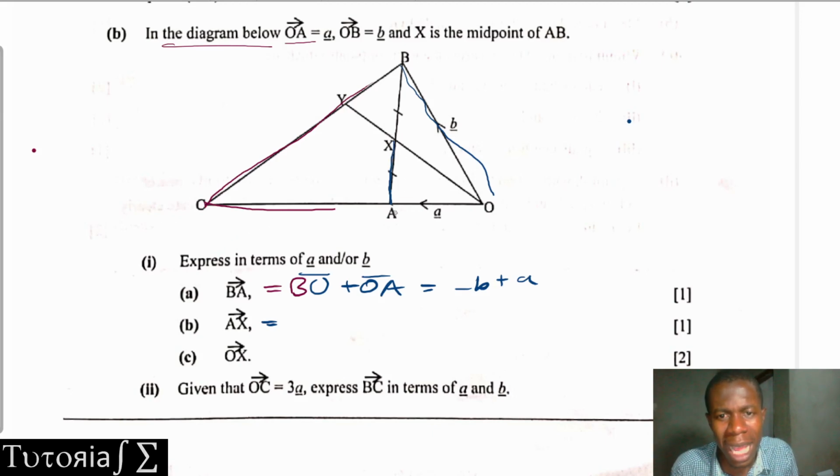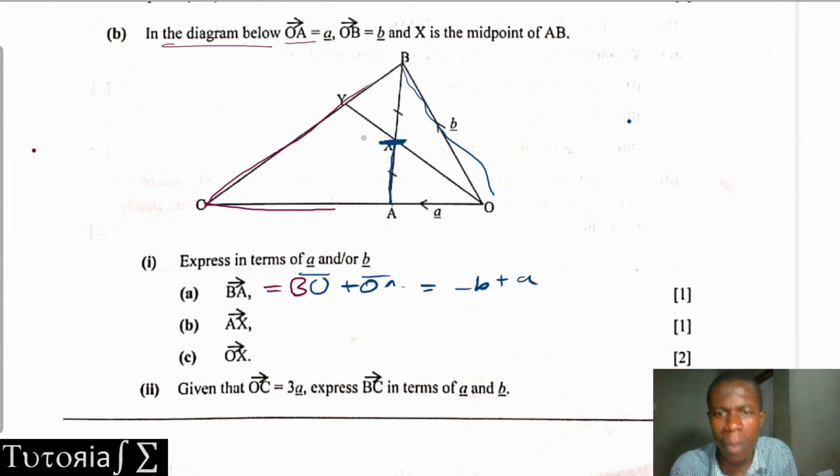Remember we said AX is equal to AB, so from AB we can subtract XB.